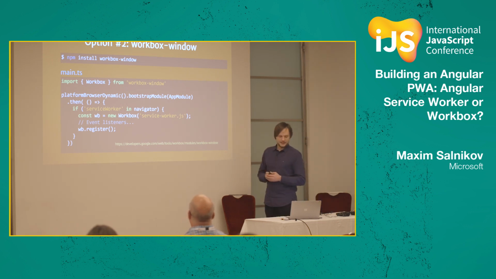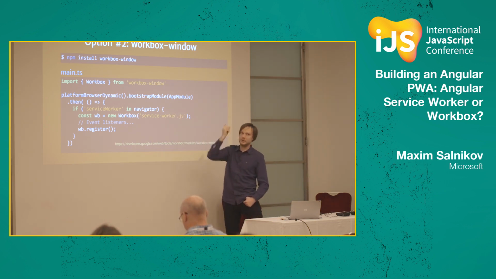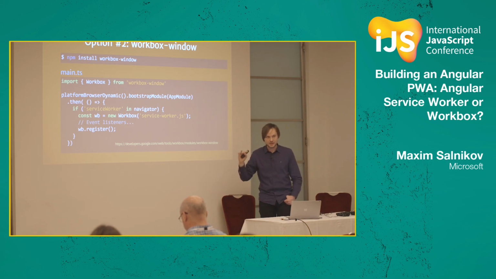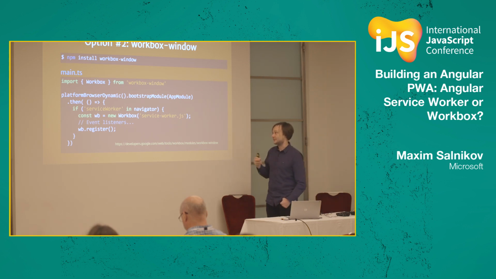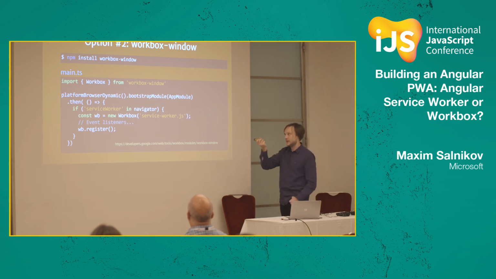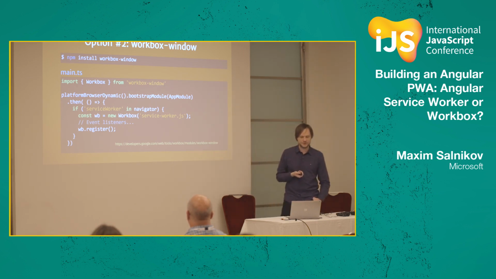How do we do this exactly? So first, feature detection. If service worker in navigator, and you have to provide this check in 100% of the cases, but Angular Service Worker includes this for you. Then we use this freshly imported library called Workbox window, and we use the register method of this, which is basically just syntax sugar over the native service worker registration method.